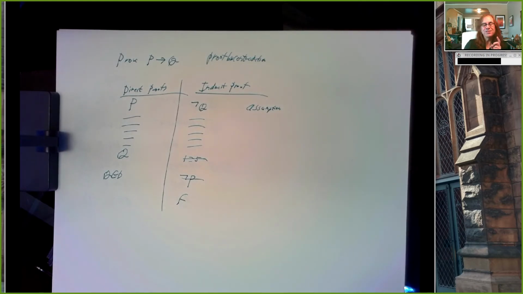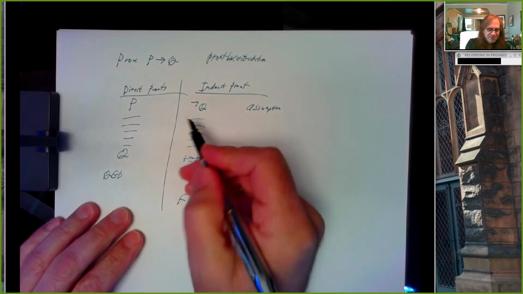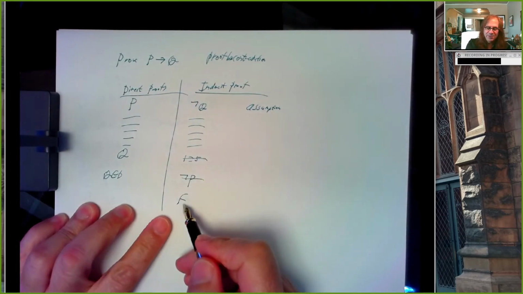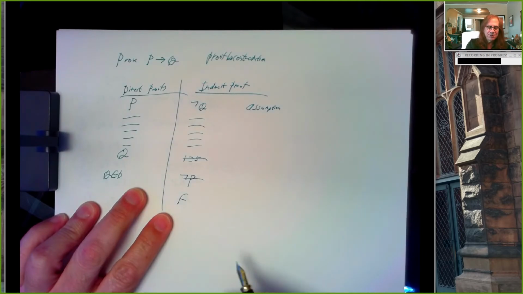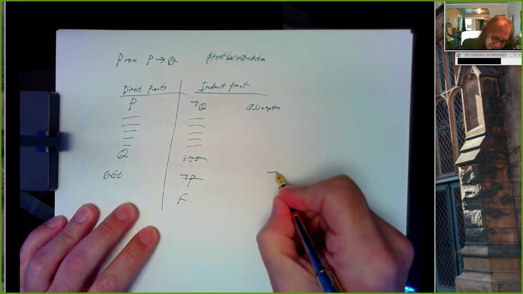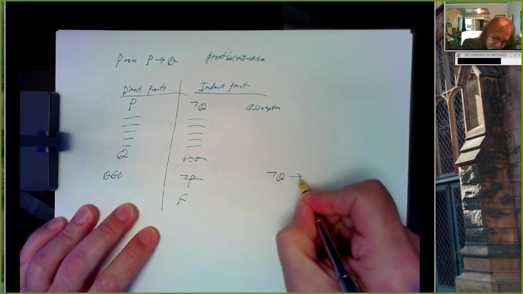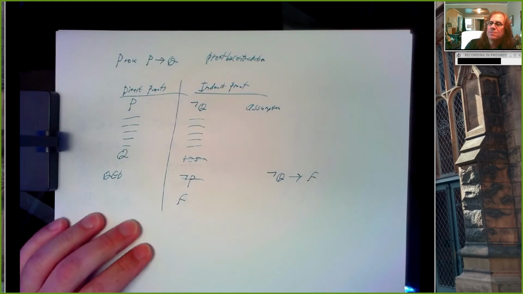But if we think of this differently, if we start with not Q and we eventually come down to false, what have we done? If we think of this as a direct proof, we've shown that not Q implies false.